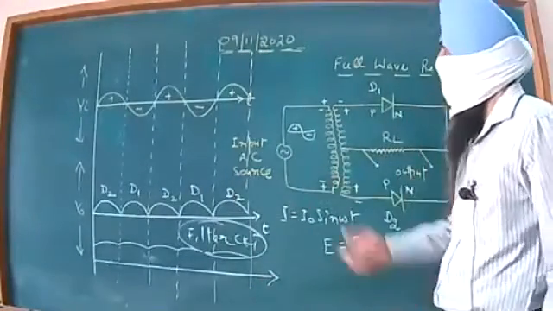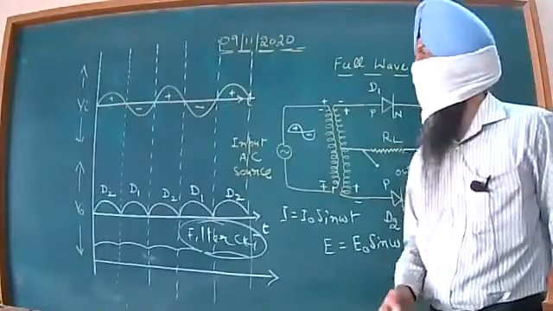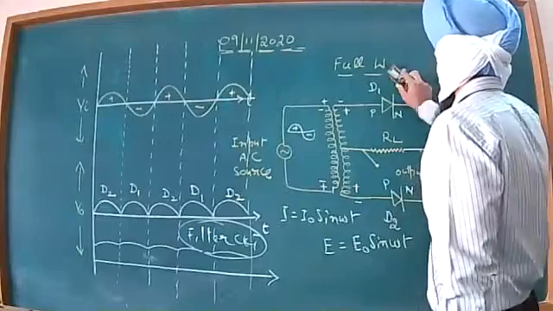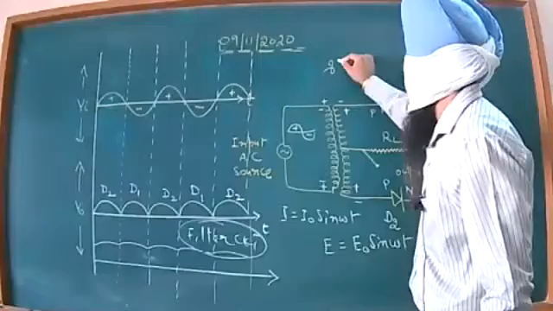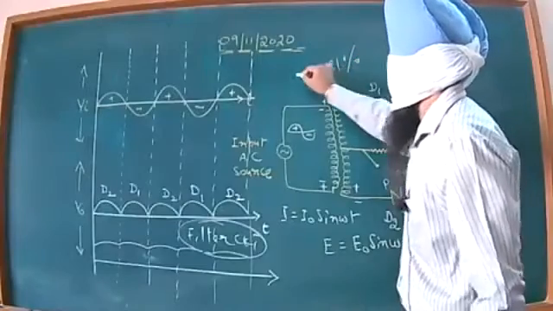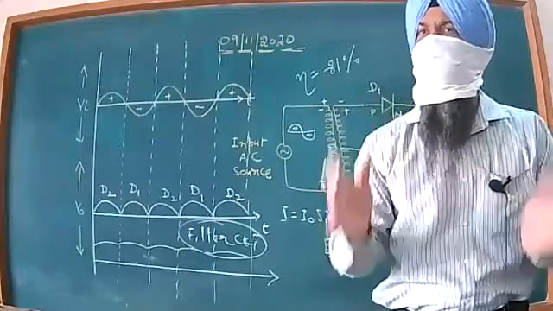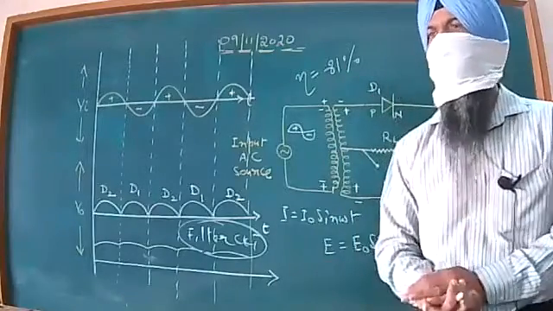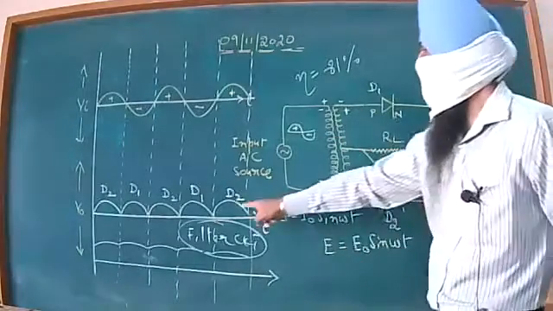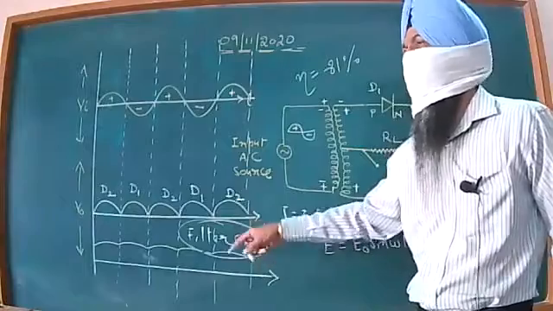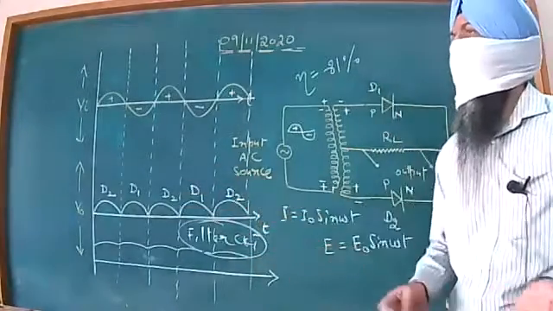Now, dear children, again talking in terms of efficiency of this full wave rectifier as compared to the efficiency of a half wave rectifier, our full wave rectifier is having approximately 81% efficiency. That is, it is far more efficient in comparison to the half wave rectifier. Moreover, it is having again the presence of the ripple factor in it because of the continuous variation of the magnitude of the DC.